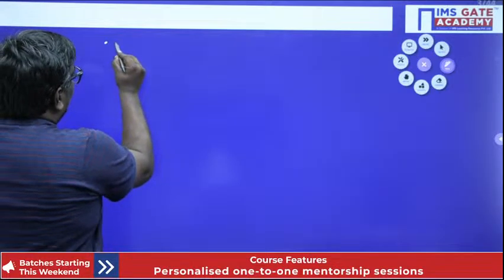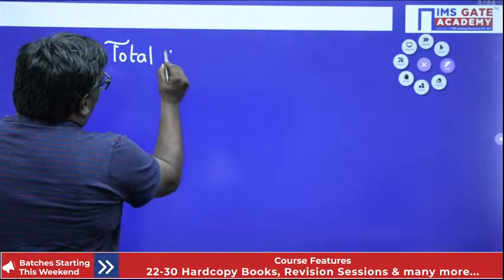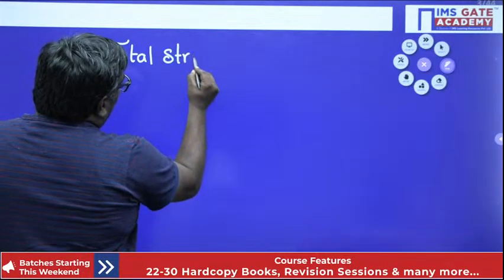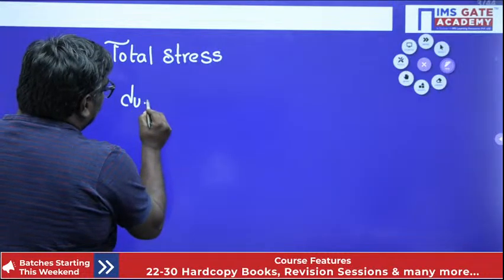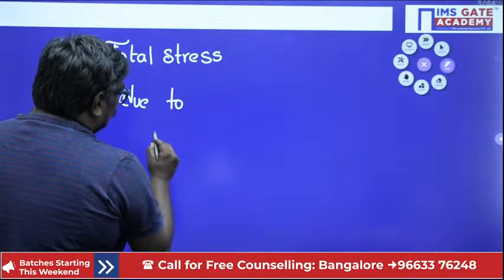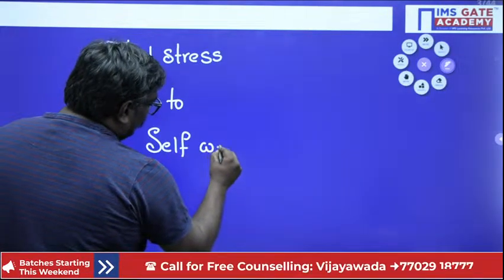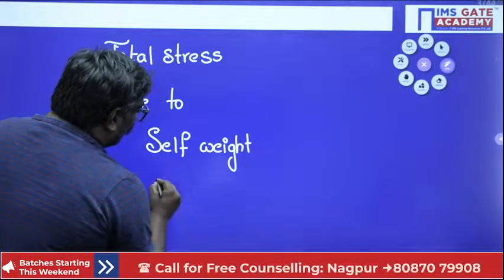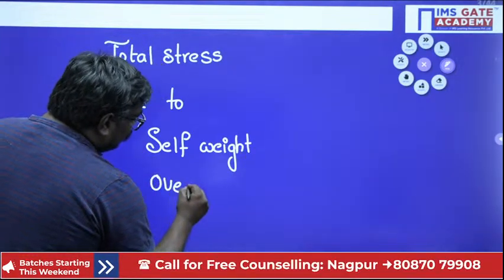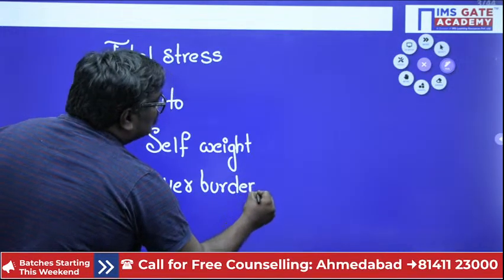So here, when I talk about total stress, total stress is due to two things. One is due to self-weight and the other one is due to overburden. What is overburden? Any load other than self-weight can be taken as overburden.